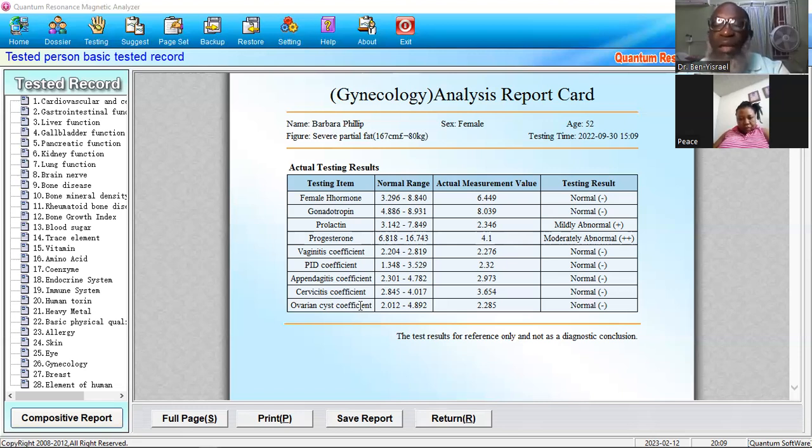If she has ovarian cysts, she's going to have abdominal pain, irregular cycles, and infertility issues. Cervicitis, she's going to have discomfort during intercourse. Most of the time, we recommend a pap smear because this woman may have bad cells in her cervix, so we're going to recommend her to do a pap smear and so on.